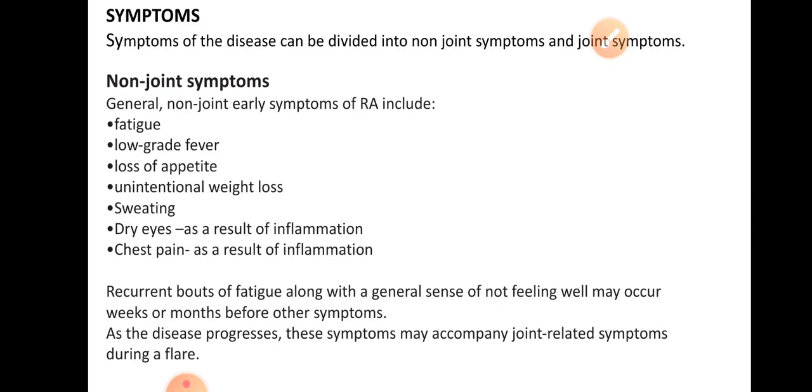So, general non-joint early symptoms of RA include fatigue, low-grade fever, loss of appetite, unintentional weight loss, sweating, dryness, that is dry eyes, chest pain, etc. Next, recurrent bouts of fatigue along with a general sense of not feeling well may occur for weeks or months before other symptoms. As the disease progresses, these symptoms may accompany joint-related symptoms during a flare.